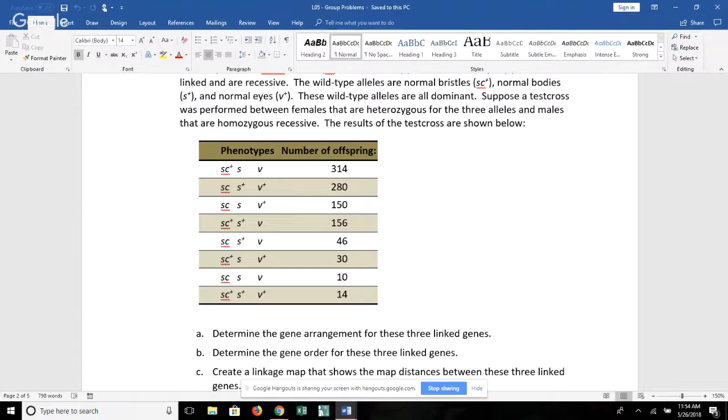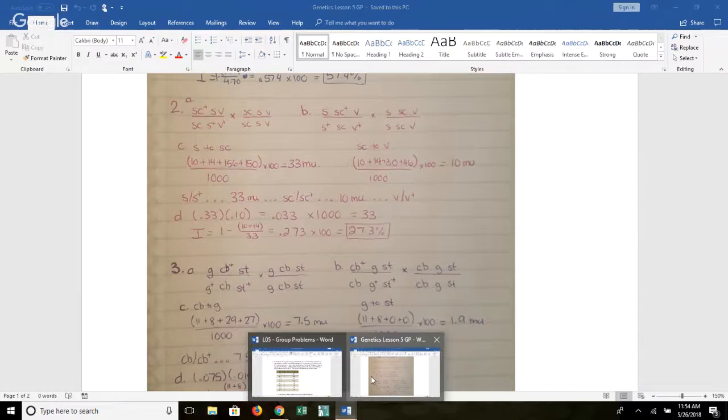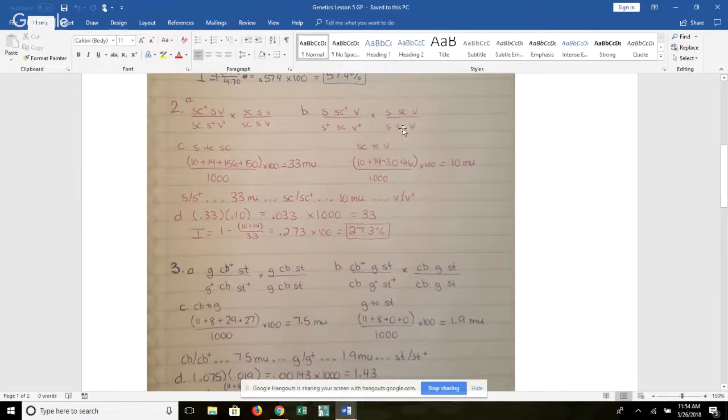And then the other side of the heterozygous chromosome was scute bristles with wild type bodies and wild type eyes. And then to figure out the middle gene, I looked to see which one flipped. And I got that the scute bristles was the middle gene.